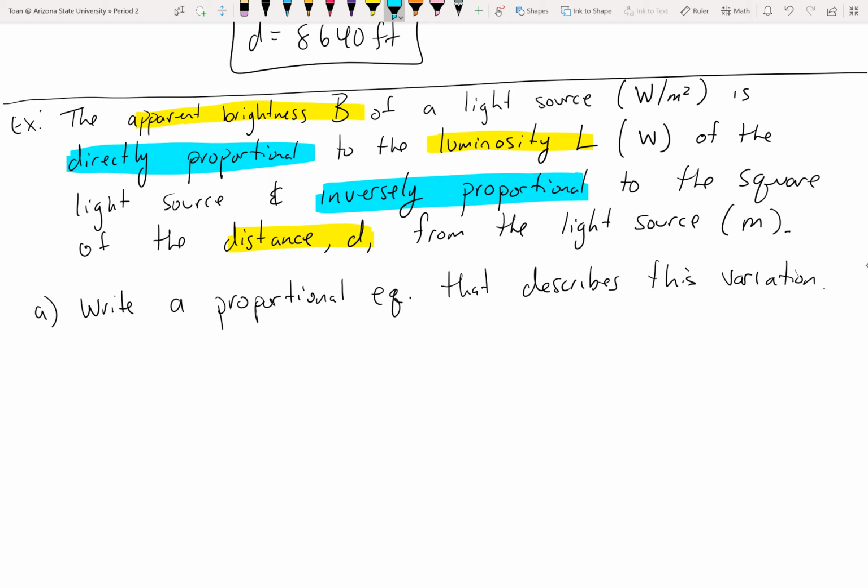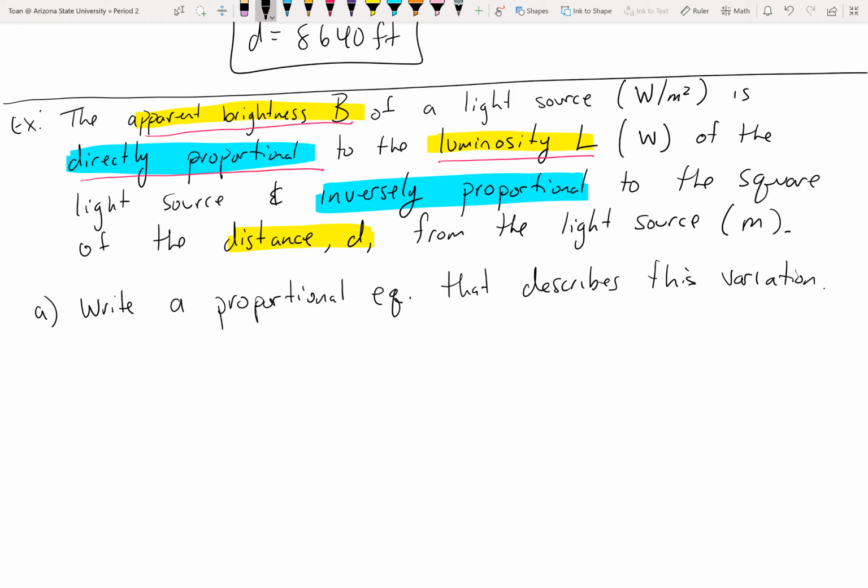Whatever you read first is what comes first. So if we break this down, we have the apparent brightness B is directly proportional to the luminosity. I just read that straight up from start to finish.